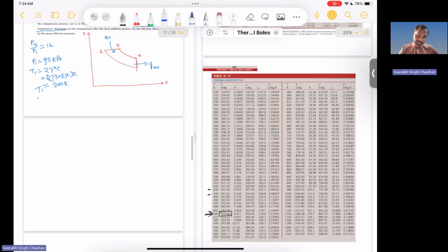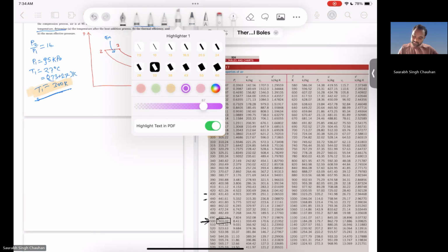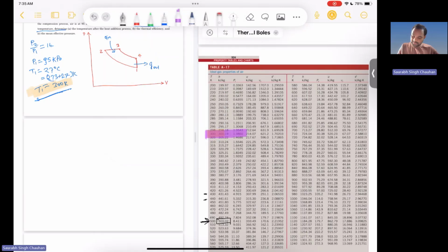So we have T1 is equal to 300 Kelvin. So we need to look up these values at 300 Kelvin. Here is 300 Kelvin.